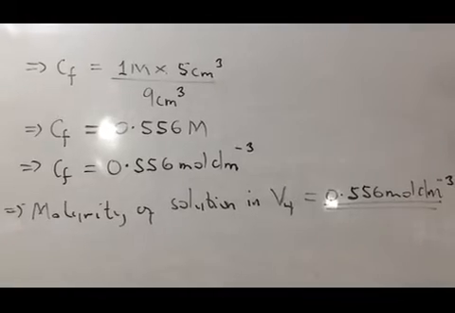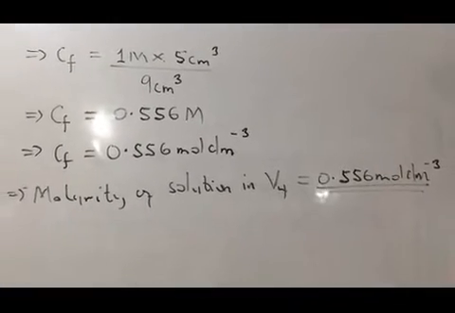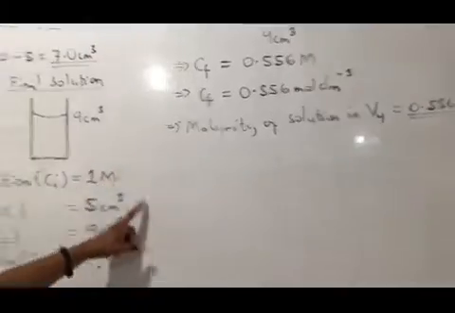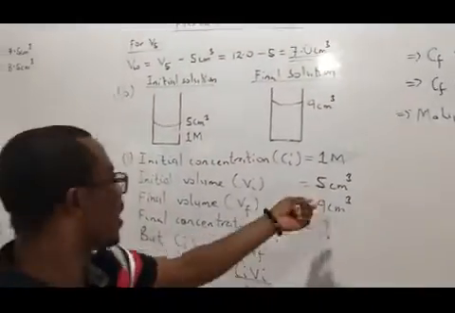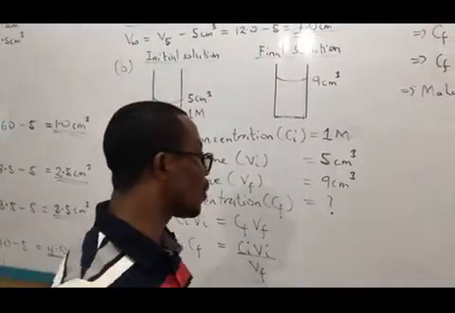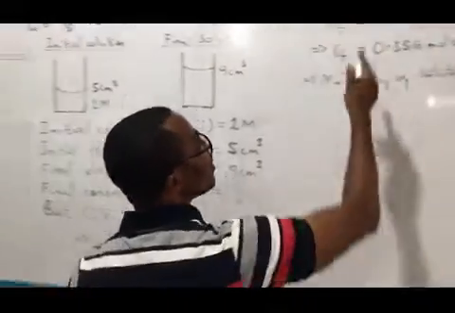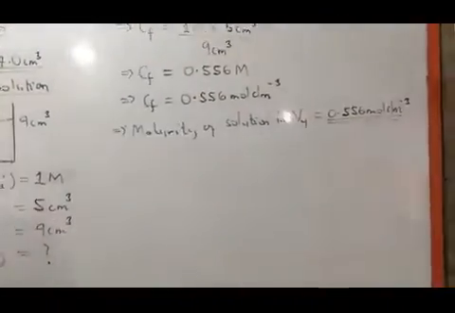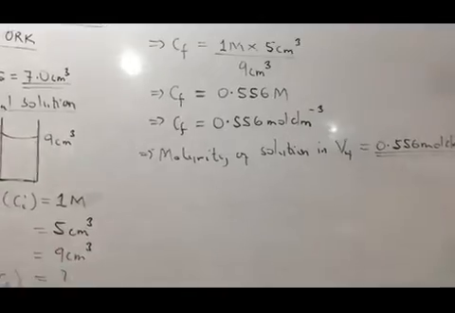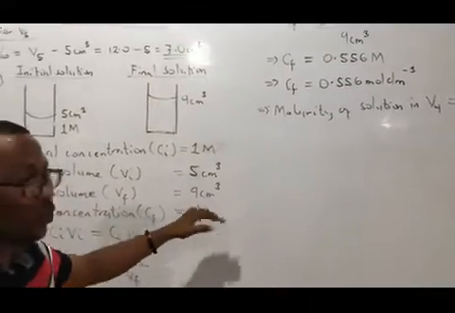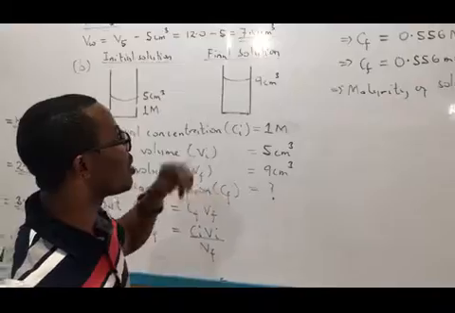Okay, so that is the BI. Please remember that in this solution, I didn't convert the volume into dm³ because both volumes are in the same unit, so as you can see, they cancelled out here. If they were in different units, for instance, one in dm³ and one in cm³, then that is where you're supposed to do the conversion so that they match.